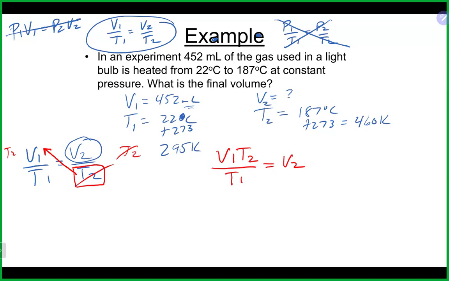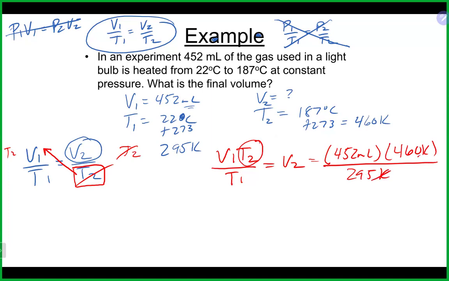Now that we did that, we want to make sure that when we put our numbers in, we get our correct numbers in the right spot. We are looking for V1 first, which is 452 milliliters. We actually want T2 on top, so that is our 460 divided by our T1, which is 295 Kelvin. Here, the Kelvins will cancel.